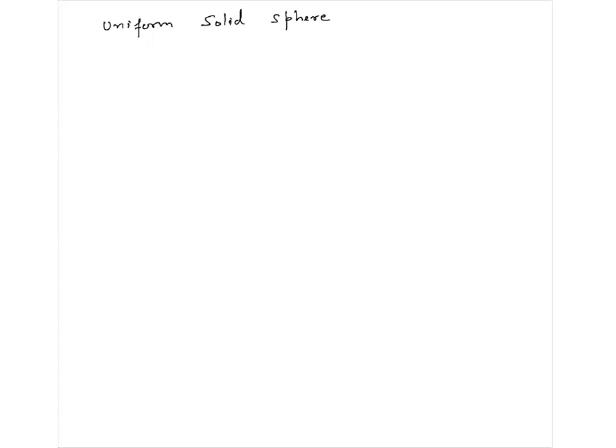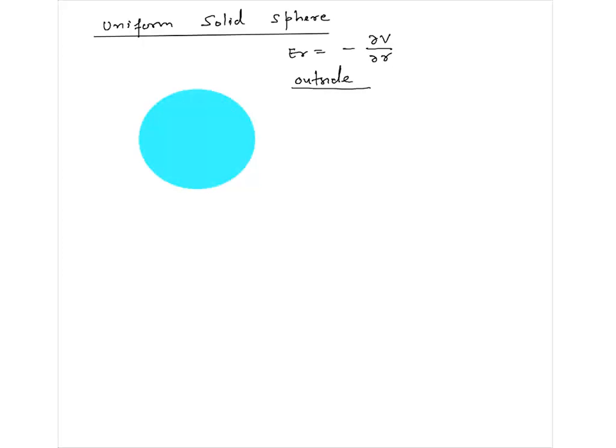Here also we will have the same argument. It's a uniform solid sphere, so whatever has to happen should happen radially. Now, ER is minus dou V by dou R. For outside, what is the formula for V? You know that.